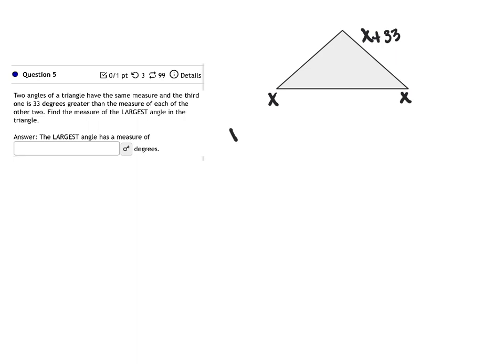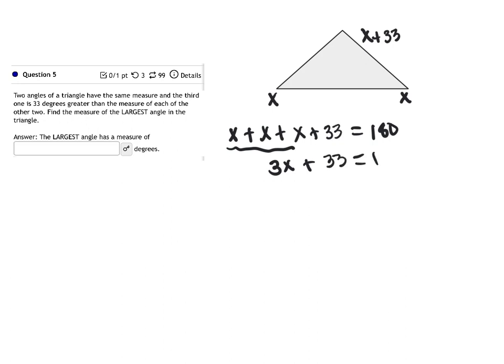So we're going to add these up. x plus x plus x plus 33. So that's all three formulas, and that always equals 180. So we're going to collect like terms. That's 3x plus 30 equals 180. Oh, sorry, that's 33. Let me erase that. 3x plus 33 equals 180.